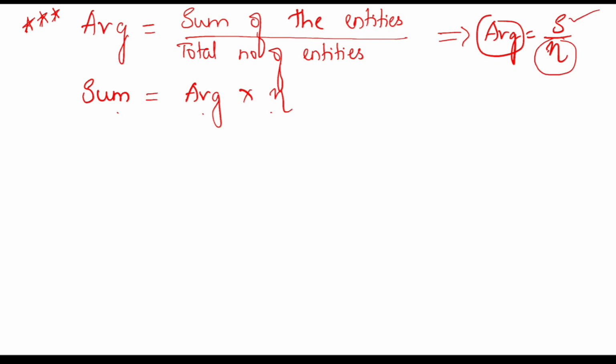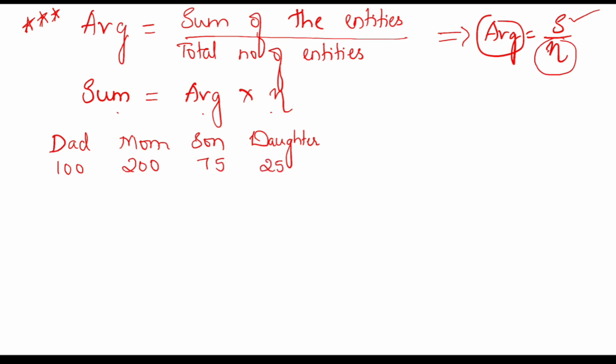Now let me prove this formula. For example, there is a father or dad, there is mom, there is son and daughter. There are 4 members in the family. Dad has 100 rupees with him, mom has 200, son has 75 rupees and daughter has 25 rupees.